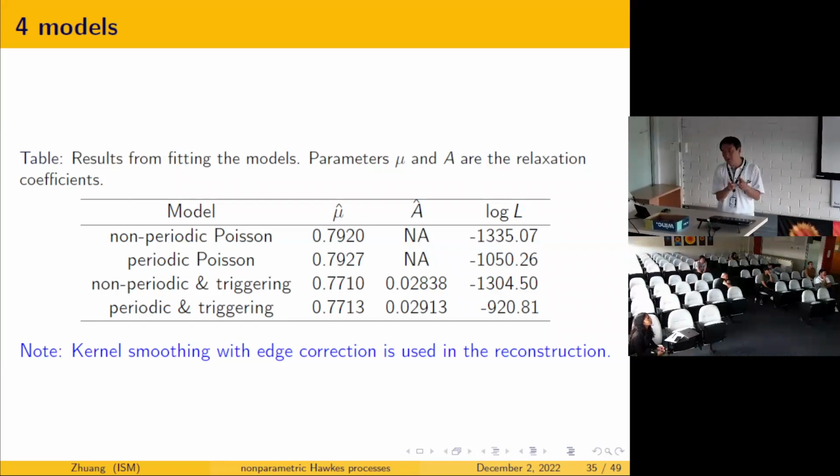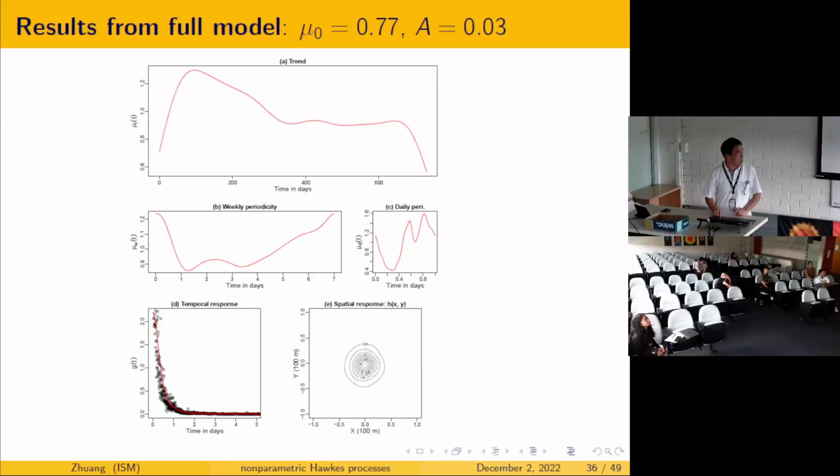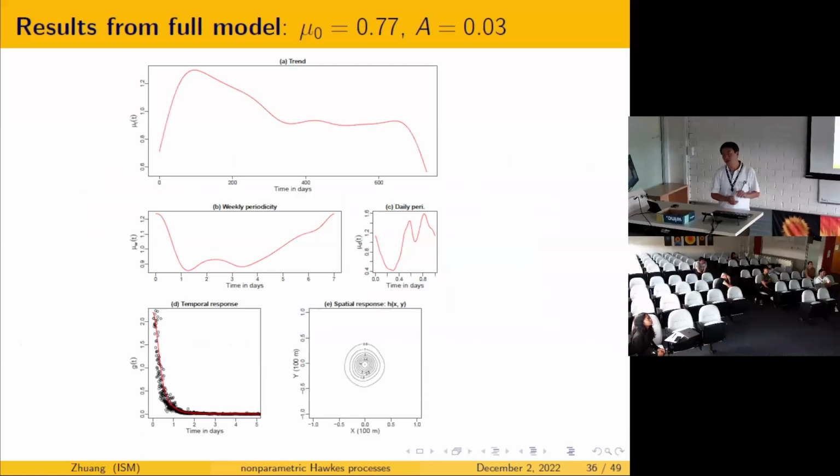For the weekly, maybe we need several hours, 5 to 10 hours as bandwidth for the weekly effect. But for the trend, we use something like 2 days to 5 days as bandwidth to estimate the trend. So this is the rule we will be using. But for the triggering part, the one we use is very much shorter than the daily.